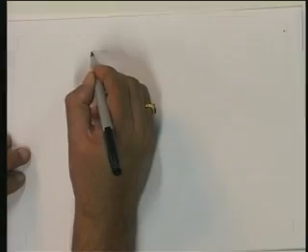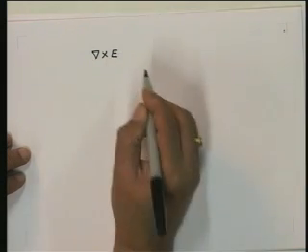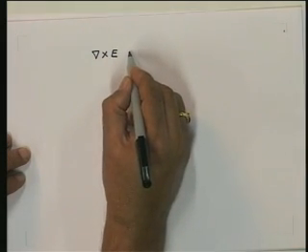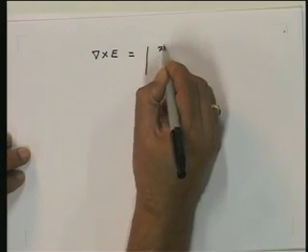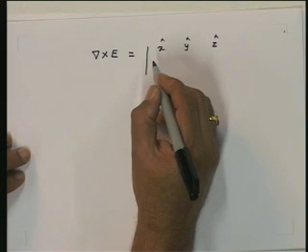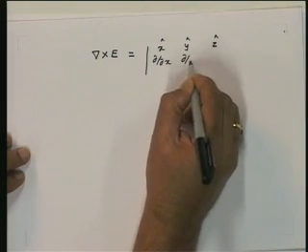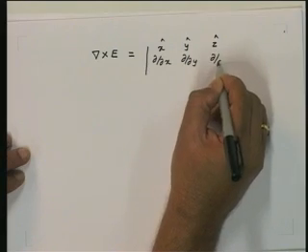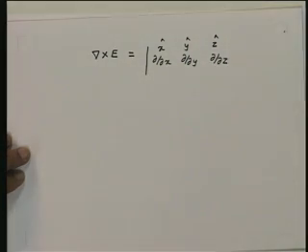So, we have del cross E, that is equal to the determinant with x cap, y cap, z cap, d by dx, d by dy, d by dz, and E has a component which is only z component.